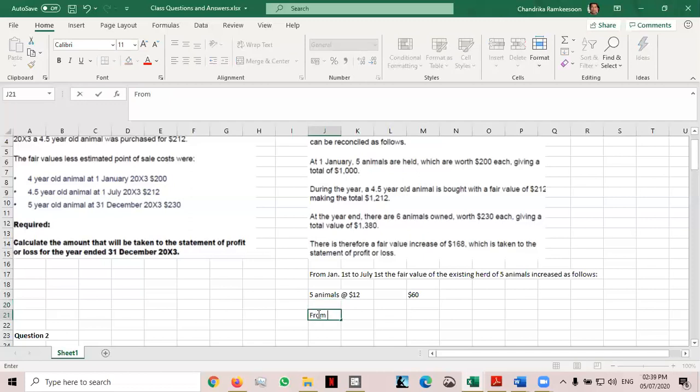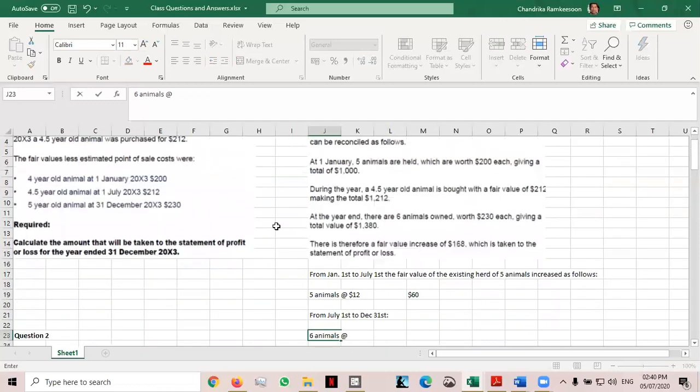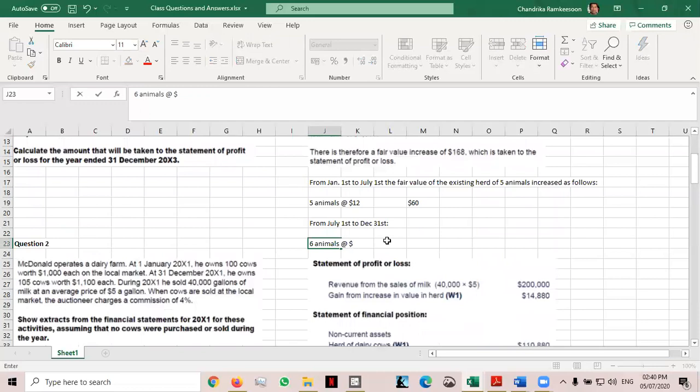And then from July 1st to December 31st, six animals at, how much did it go up by from here? $18. Let me move this up a bit.